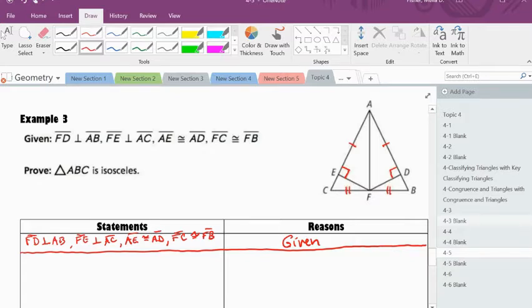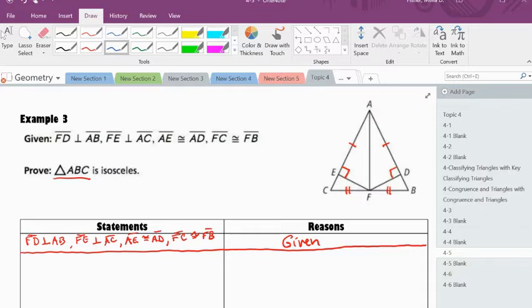Our goal is to prove that the whole triangle ABC is an isosceles triangle. We're going to start by looking at those triangles that are right triangles, because that was part of our given information.